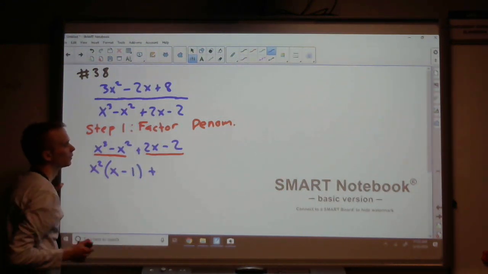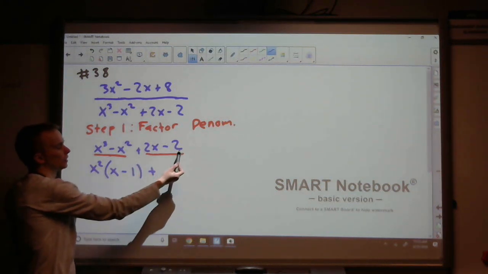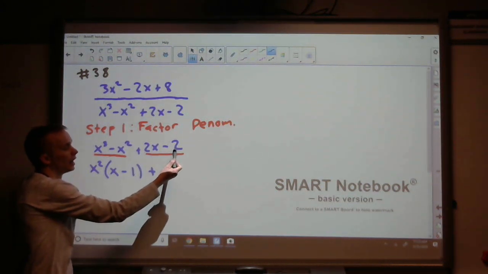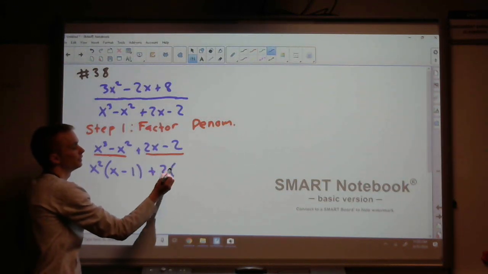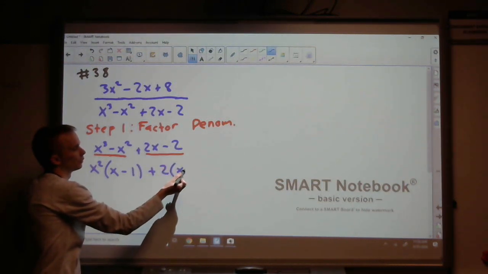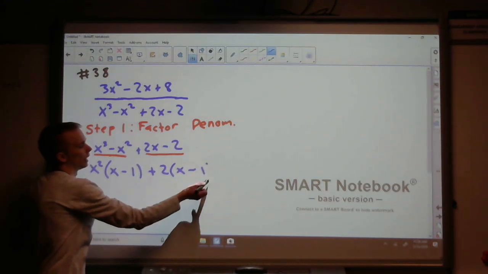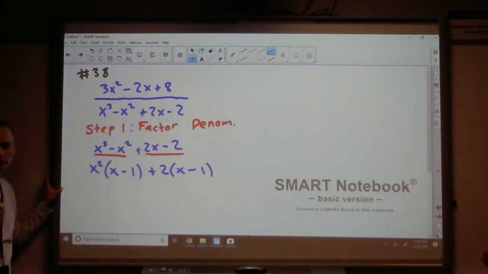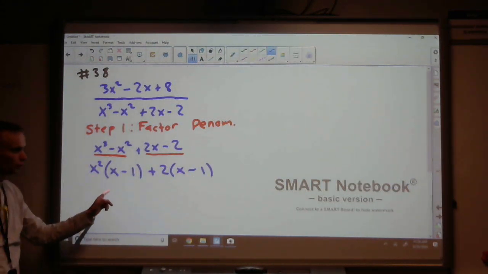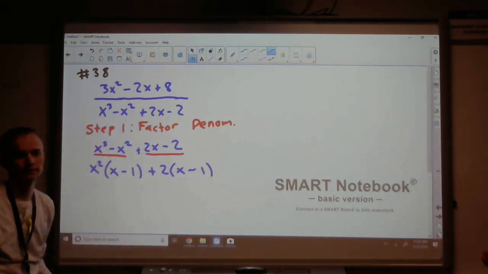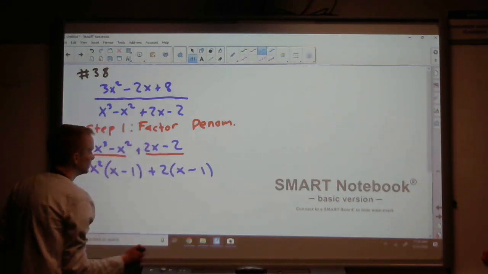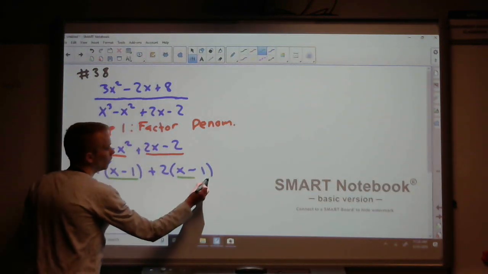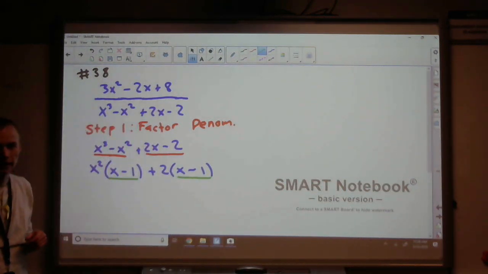Now for this other one, what can I factor out of these two? Well, there's a 2 in both of them, so we can factor out a 2. And we're left with just an x minus 1 on the inside. We're doing the opposite of distributing, right? We're factoring, okay? Now what you'll notice here is that these two are the same, okay?